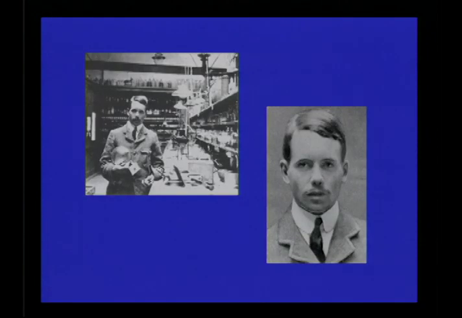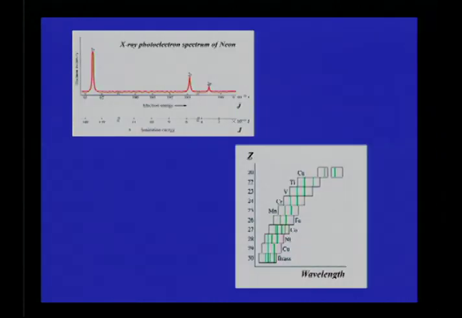Before we look at that spectrum, let's look at Moseley in his laboratory. He was a relatively young man, and he made tremendous headway in the study and the understanding of atoms. And here we have what we call an X-ray photoelectron spectrum of neon.